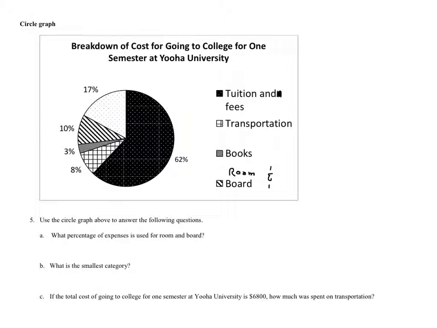What percentage of expenses is used for room and board? So we look, room and board is the striped one. So that's 10%. What's the smallest category? Well, that's the 3%. And I look over here and that's for books.